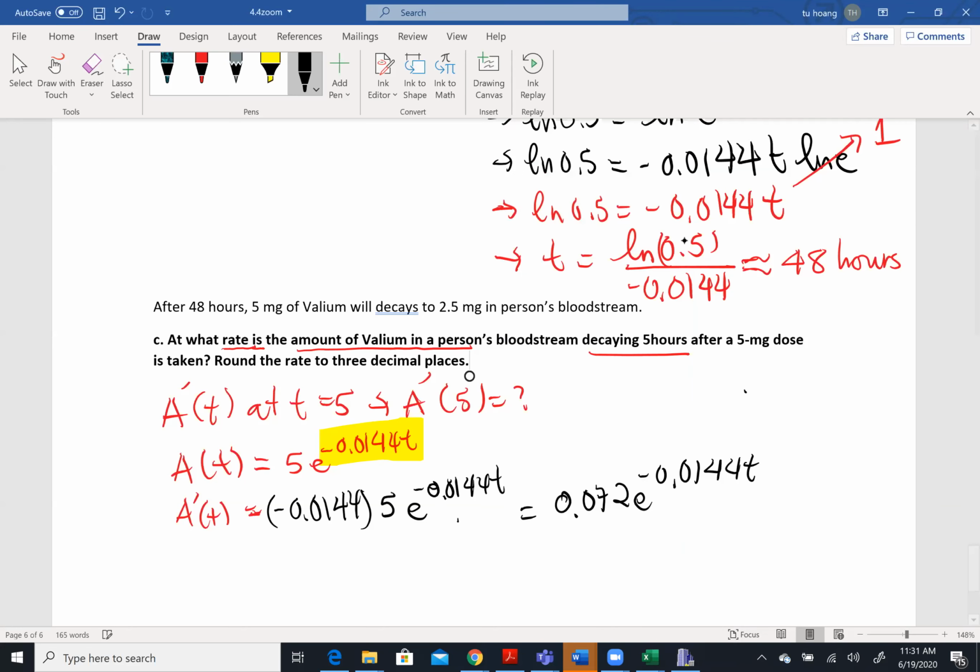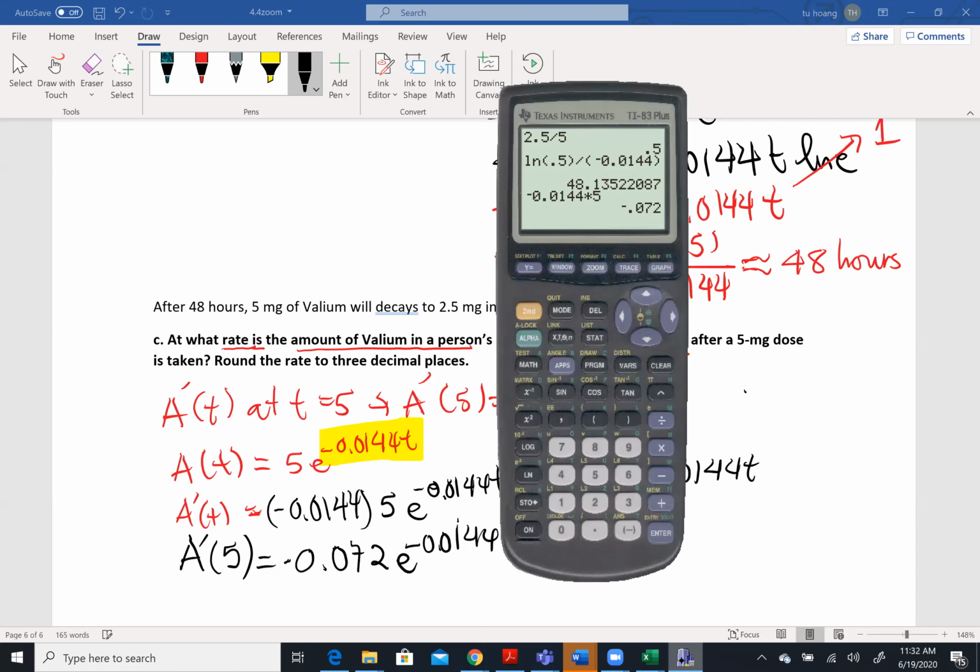Now I'm going to find the derivative at 5. I will have negative 0.072 e to the negative 0.0144 times 5. This should be negative also. And what is that equal to?